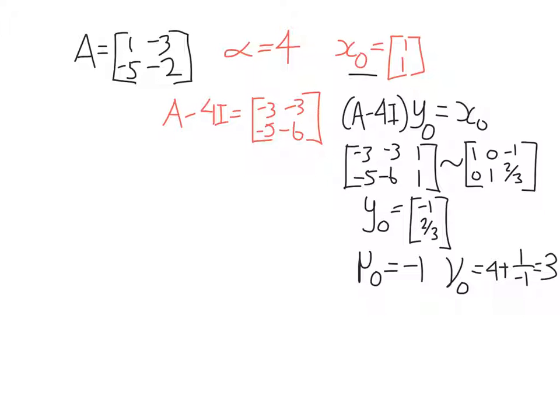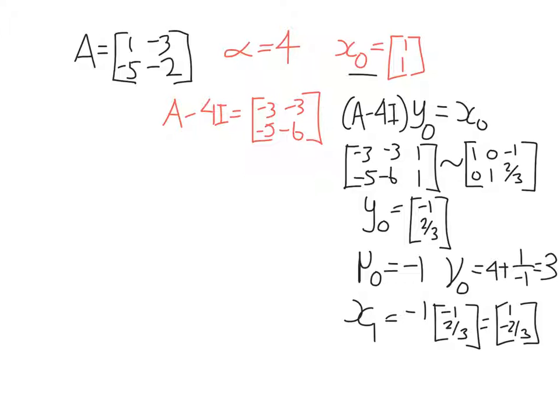So then my next guess for the iteration, which I call x1, so the original guess is done, that's going to be 1 over mu 0, which is minus 1, multiplied by the vector y0. And of course, that just gives me (1, minus 2/3).